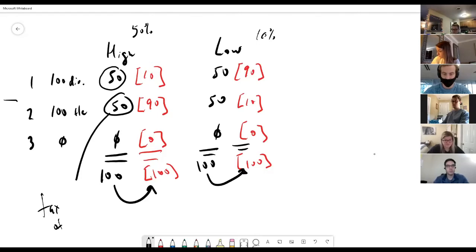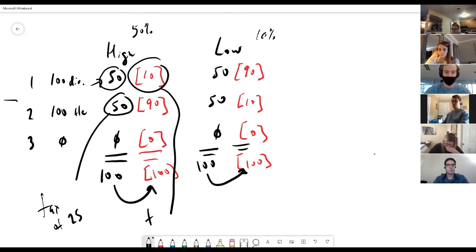I'm sorry, tax of 50. So this is good. I'm sorry. That'll be taxable. This won't be. So that's tax of 25 under the base case. We're turning that into tax of 5. So high bracket has reduced taxes by 5.